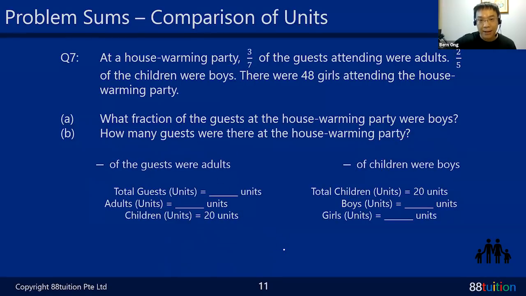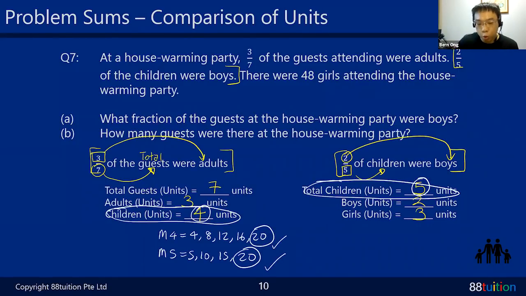So if I do that, here is what I have. Total children here is 20, and total children here is 20. This is what I want. But be careful. If the children is 20, the fraction will also change. Previously, 2 out of 5 of the children were boys. So I need to times 4 to give me a 20. Denominator times 4, numerator must times 4.